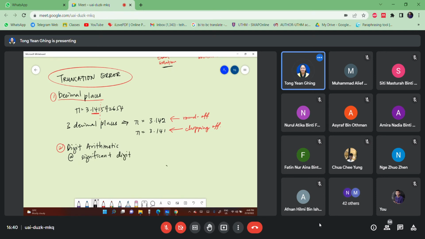Okay, if we are using this digit arithmetic, we are still using pi.